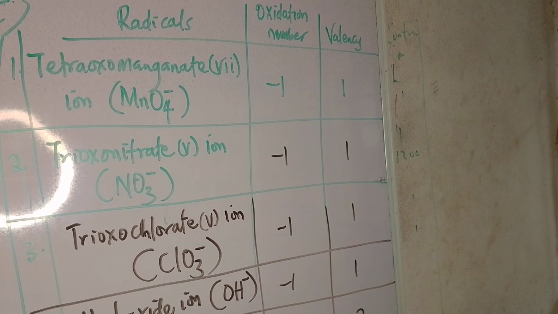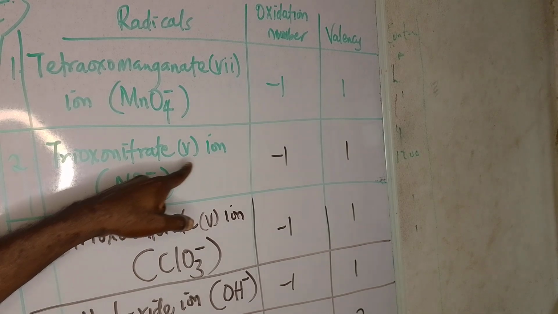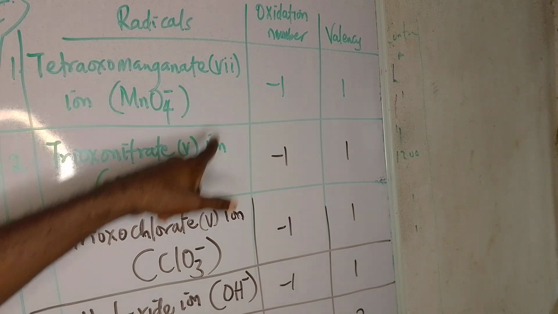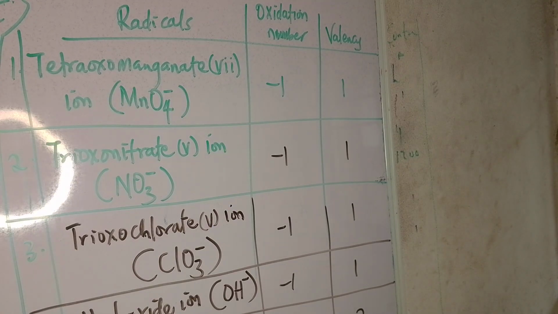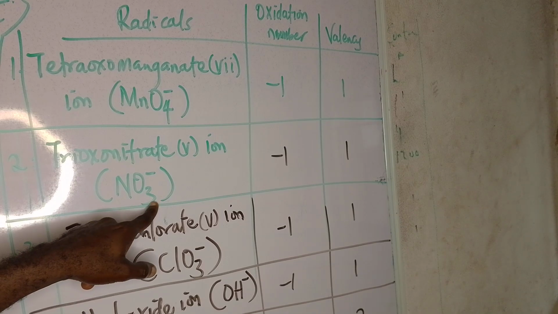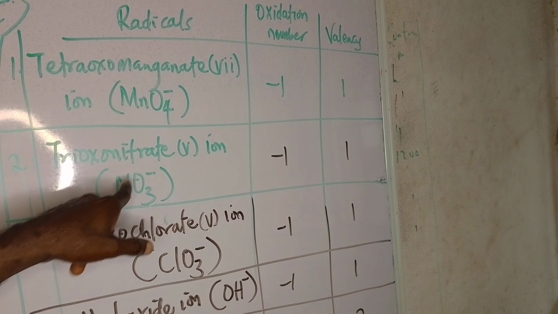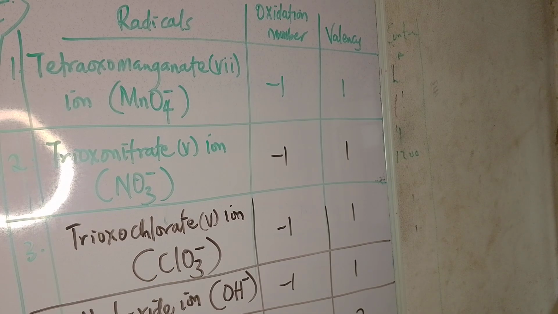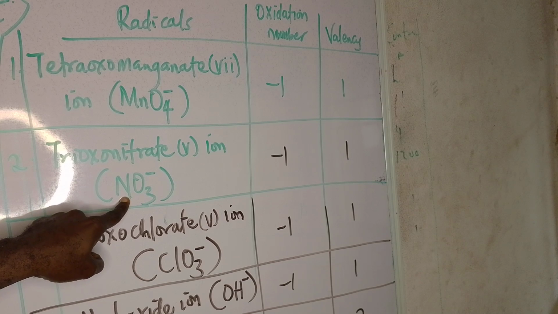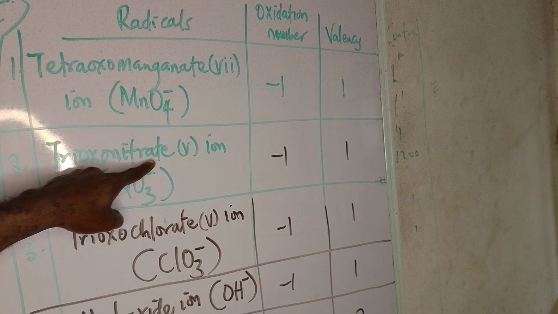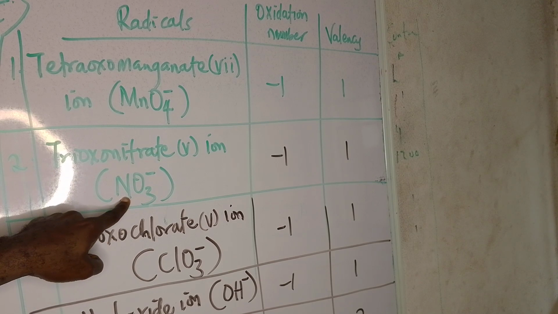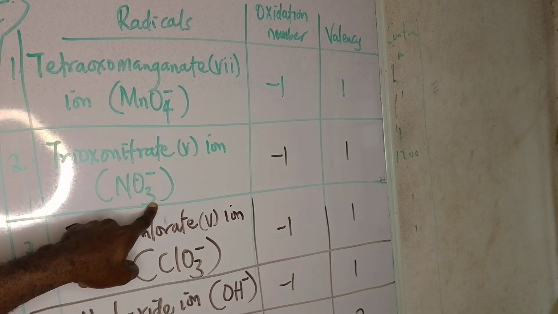Now we have the second one, trioxonitrate(V), and I will tell you how to get this number written in Roman numerals. So this is tri. Anytime you see a radical with a common charge, the last one by the left has its name ending with ate. Nitrogen, we have 3. 3 means tri.